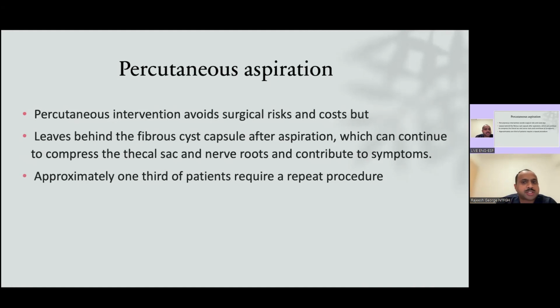Looking at percutaneous aspiration, obviously it has the highest recurrence rate because you're not removing the facet, and this can still continue to cause symptoms and compression of the nerve roots. So approximately one third.